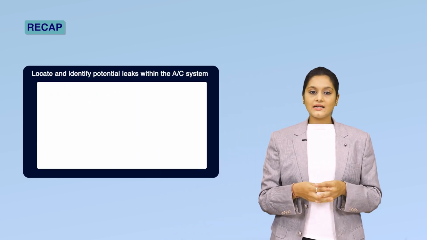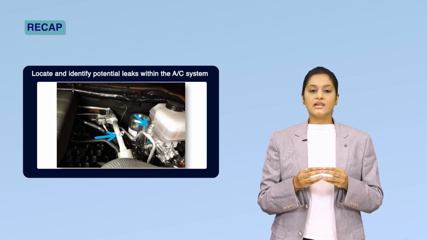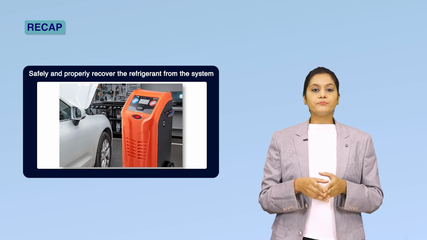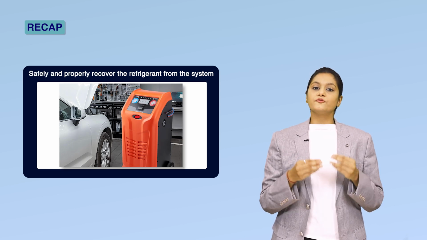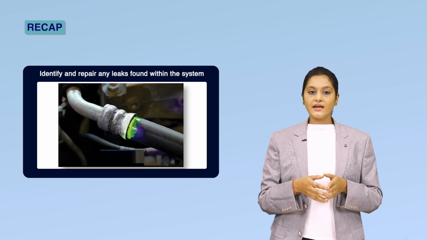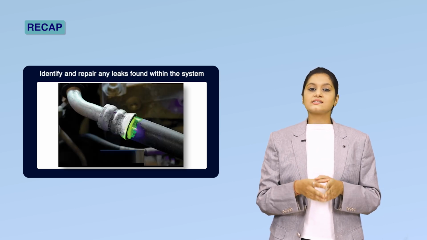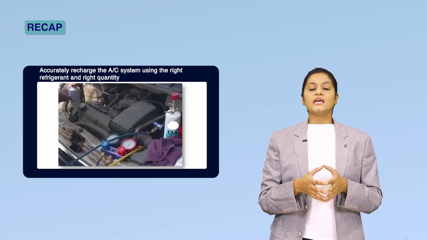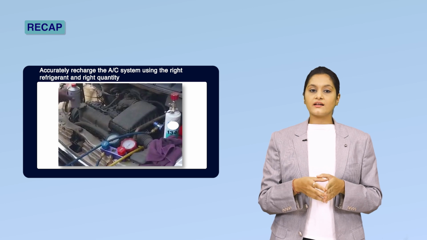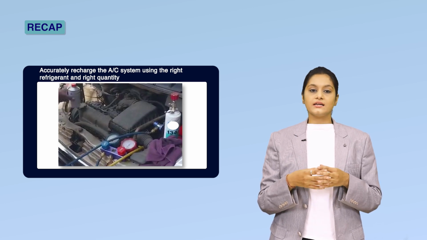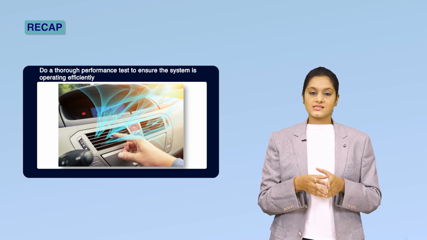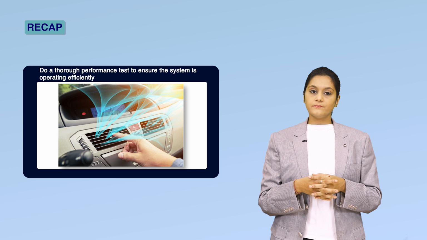In this topic, we have learned how to locate and identify potential leaks within the AC system, how to safely and properly recover the refrigerant from the system, how to identify and repair any leaks found within the system, how to accurately recharge the AC system using the right refrigerant and right quantity, how to do a thorough performance test to ensure the system is operating efficiently.